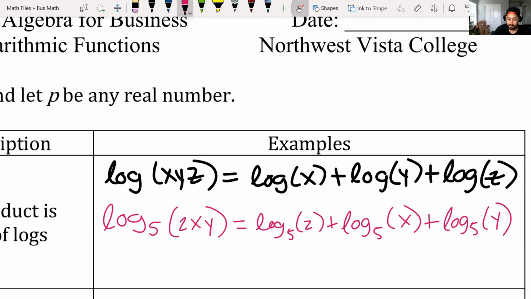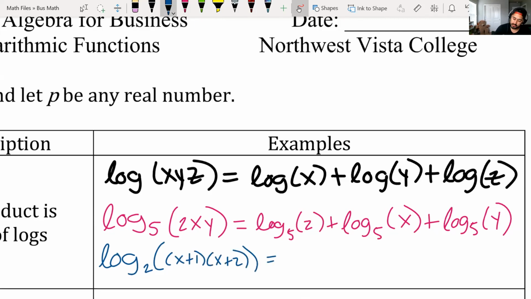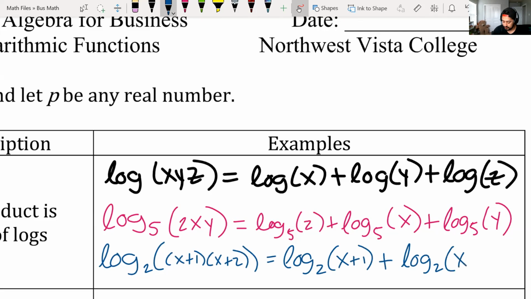That's how we do it. And then one more. Let's say I have log base 2 of x plus 1 times x plus 2. I can make this log base 2 of x plus 1 plus log base 2 of x plus 2. That's it. That's how the product rule works.